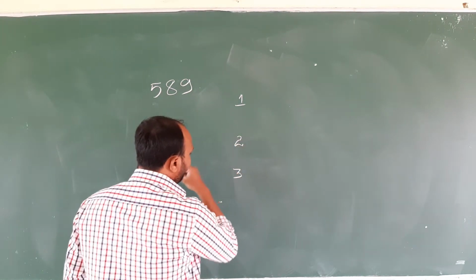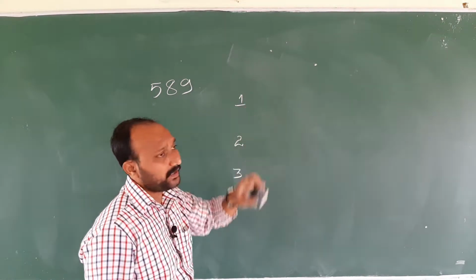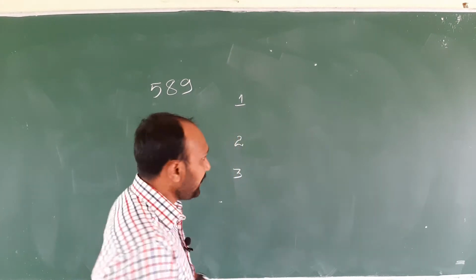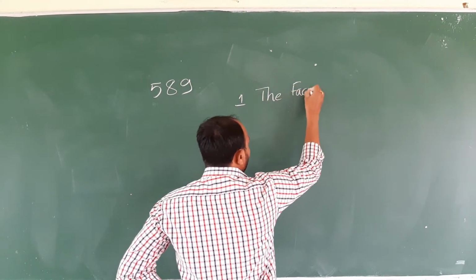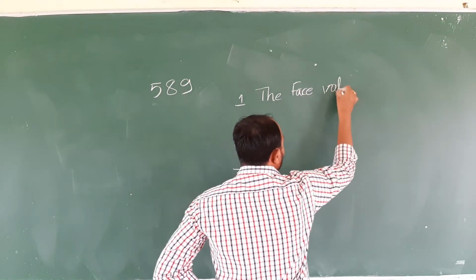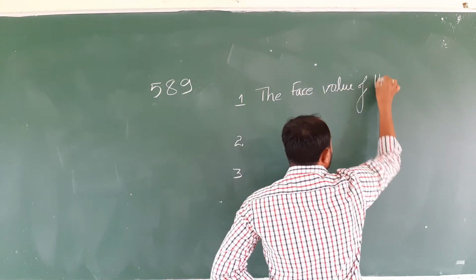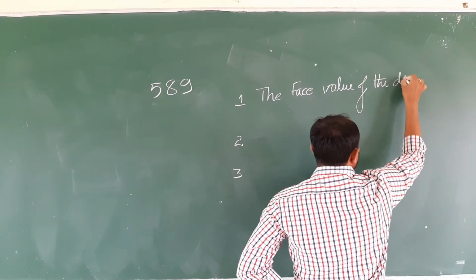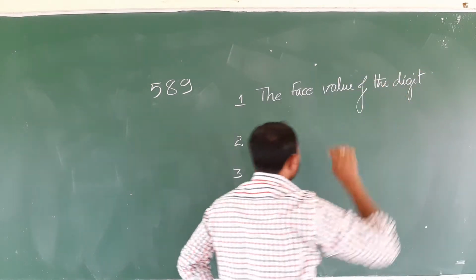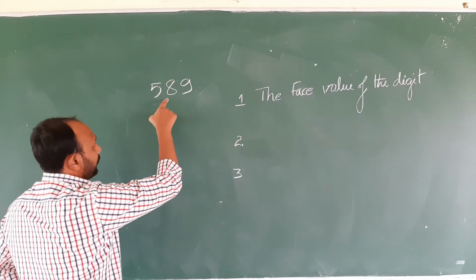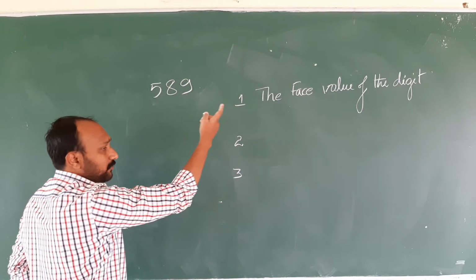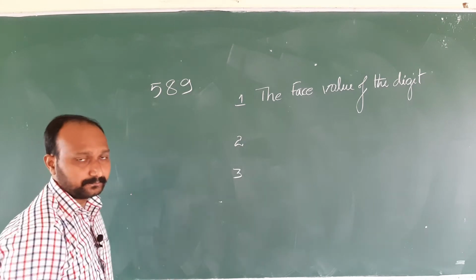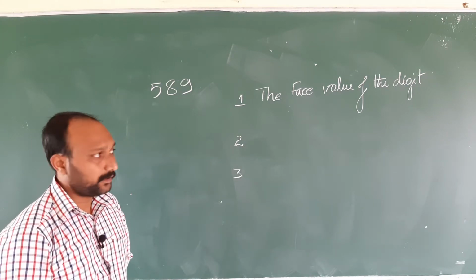The first one is the face value of the digit. What is the face value of 8 here? 8 only. What is the face value of 9 here? 9 only. What is the face value of 5? 5 only. Okay, face value.